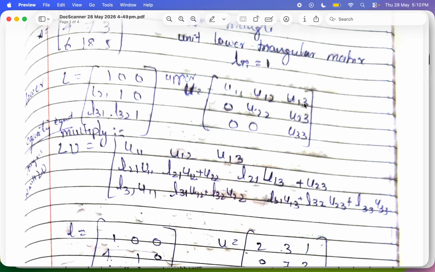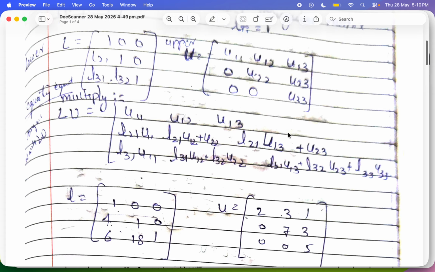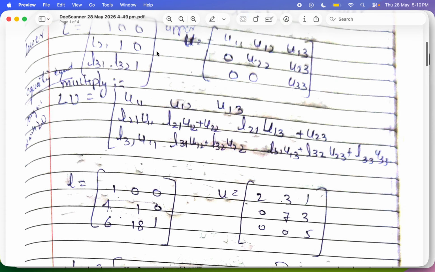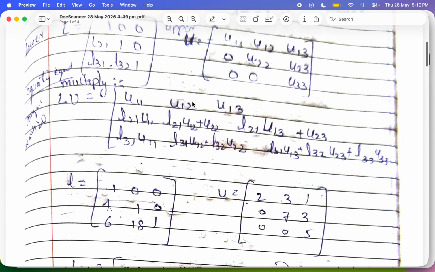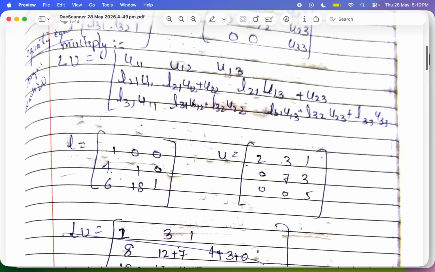Similarly L21 into u13 and 0 into u23, that will be 0. Okay, so here this is how you will get. Similarly you have to multiply the third row with the third column. Okay, so this is the final matrix. Okay, so once you solve this, you will get the answer, that is u11.